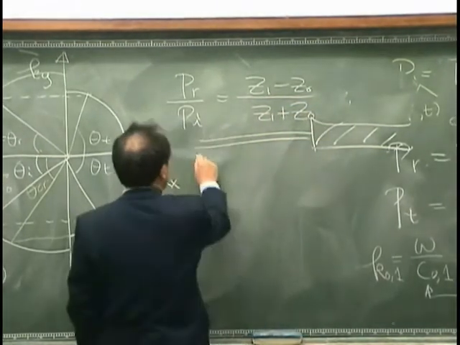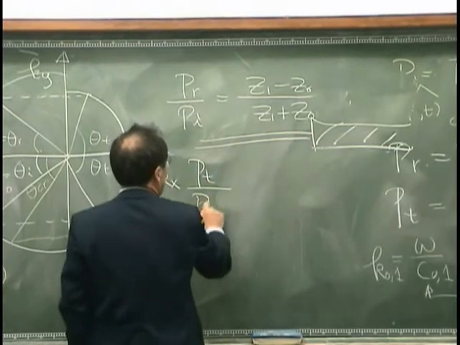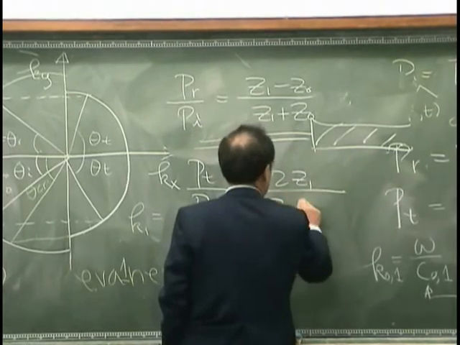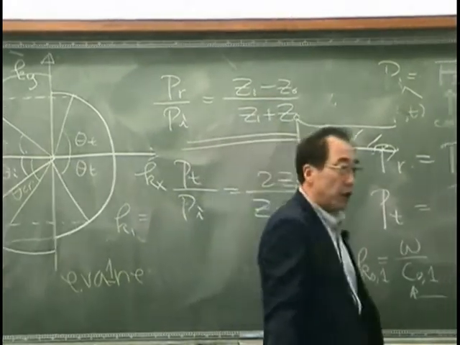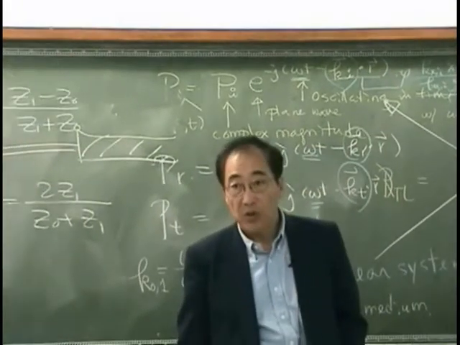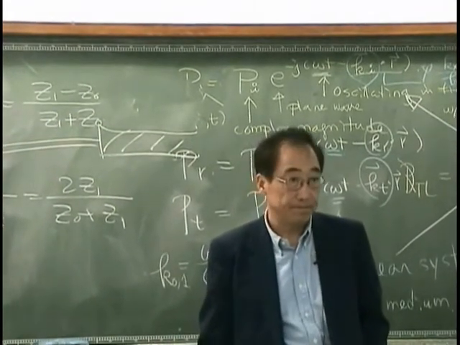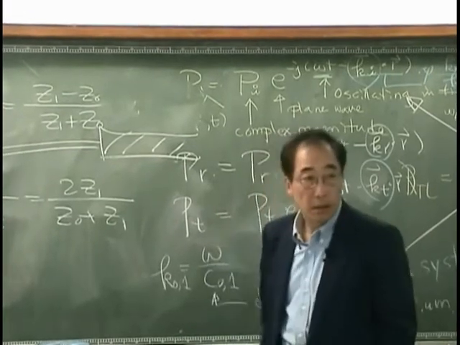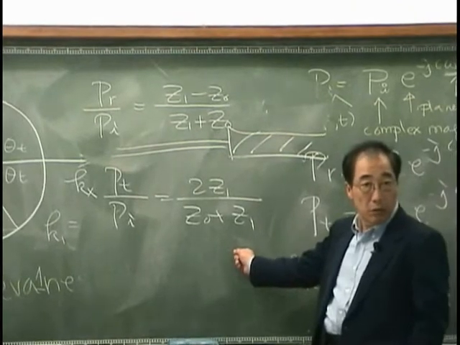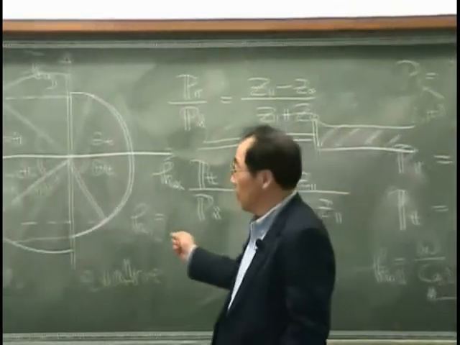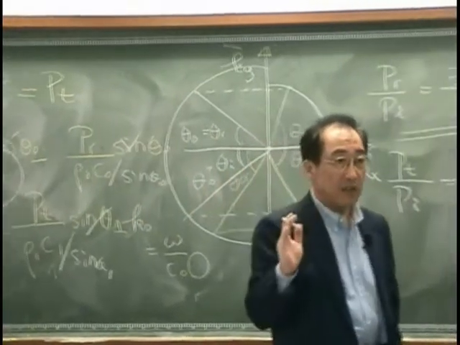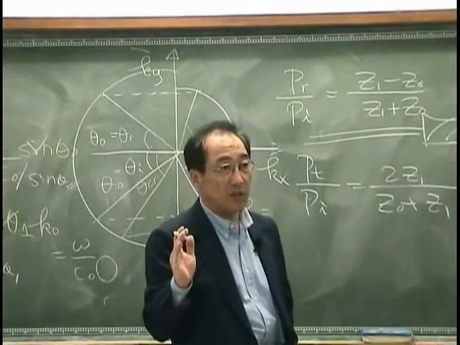And the transmitted wave is simply the same, but where the impedance is rho over sine theta. Same expression. The only difference is this. Why? Because the way to excite the flat surface of discontinuity is related with the sine theta.